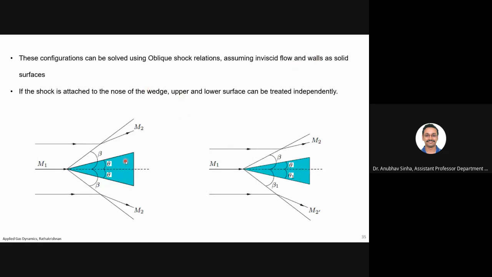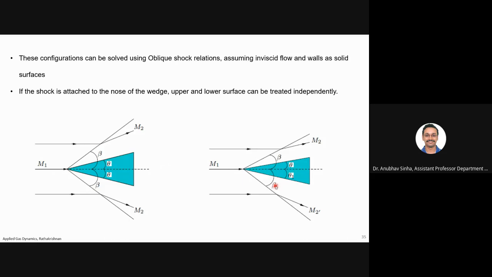Another interesting thing: if you look at these two images, this one is symmetrical. If you take a line along the x-axis, the upper and lower angles are the same, so if you solve for one, you have the result for the other also. But this one is not symmetric; there are different angles.